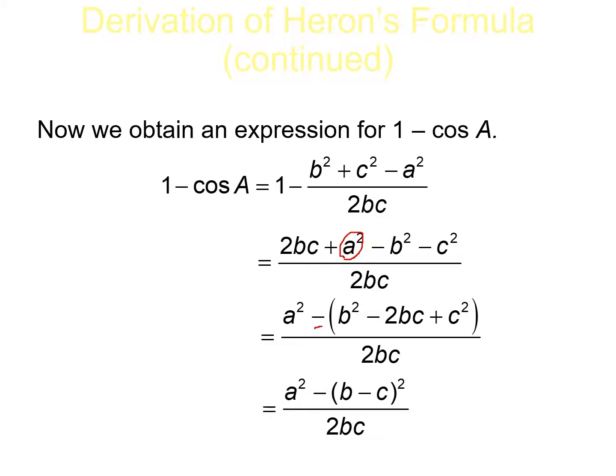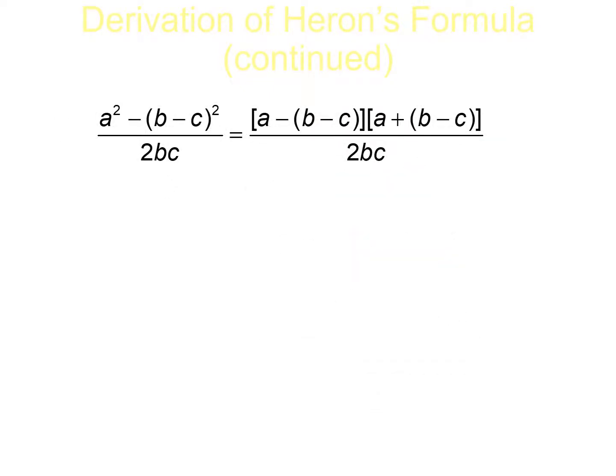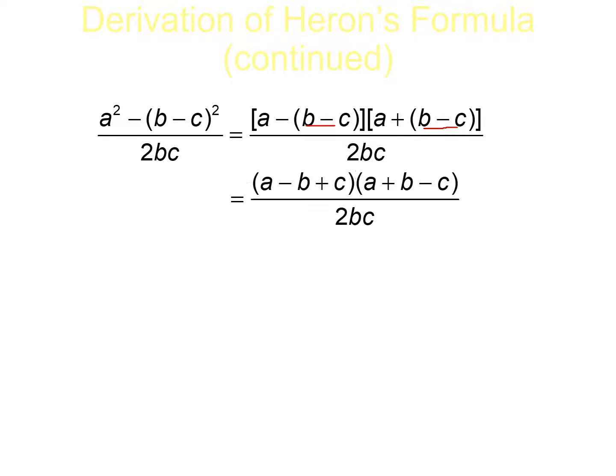So we see that this is a squared minus b minus c quantity squared over 2bc. So this is a difference of squares. So I can rewrite this as a minus b minus c times a plus b minus c all over 2bc. I'm going to take the negative signs, distribute them, and get rid of my parentheses.